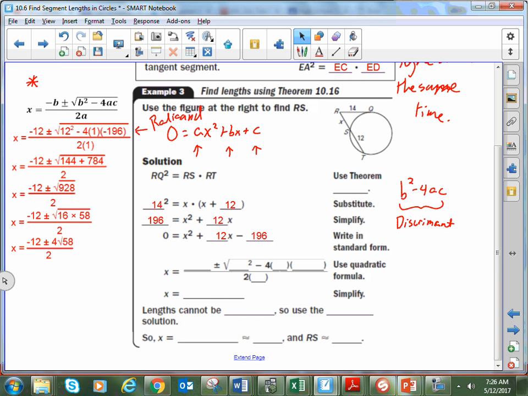Now, again, we have in the numerator negative 12 plus or minus 4 times the square root of 58. We're not going to try and add those numbers together in the numerator for two reasons. One, first and foremost, is that they're not like terms. Negative 12 is just an integer. Well, 4 has the radical 58.